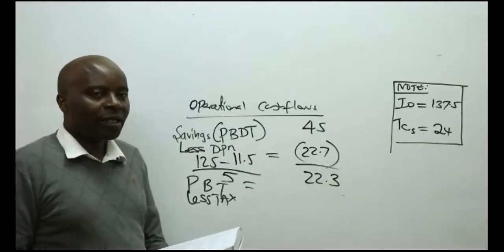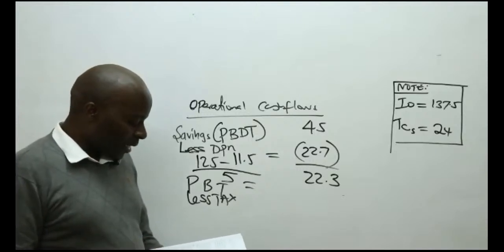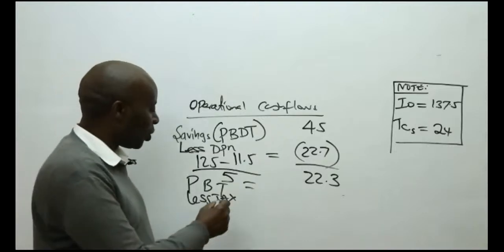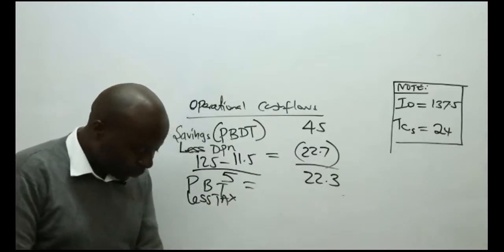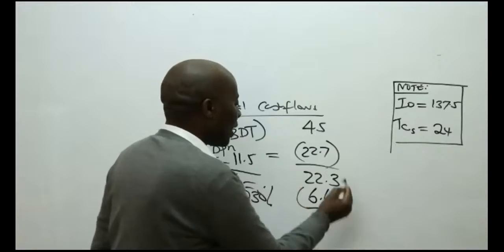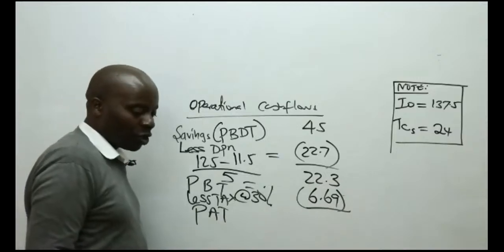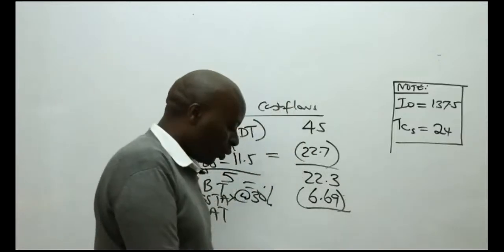So at 30%, we have 22.7 times 0.3, which at the end of the day will give us 6.69. Come and subtract, and if you do that, we'll get what we call profit after taxation.